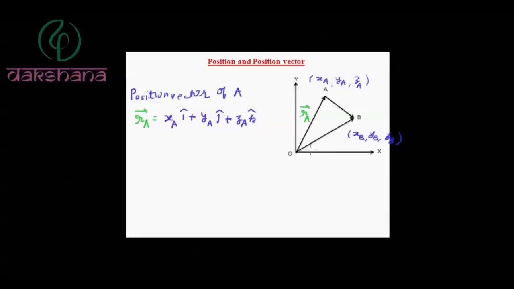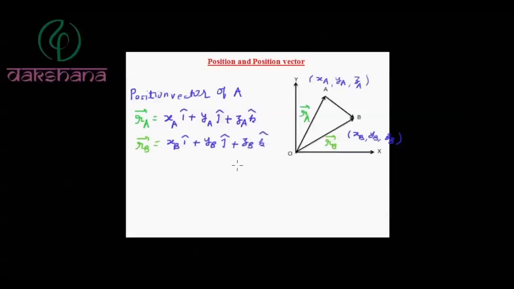Similarly, we can define the position vector of any object at B. If I say it is RB, the position vector of B in a given reference frame, similarly I can define RB as XB i cap plus YB j cap plus ZB k cap.